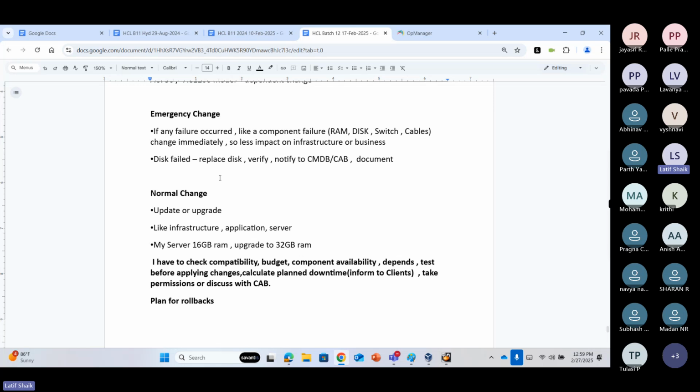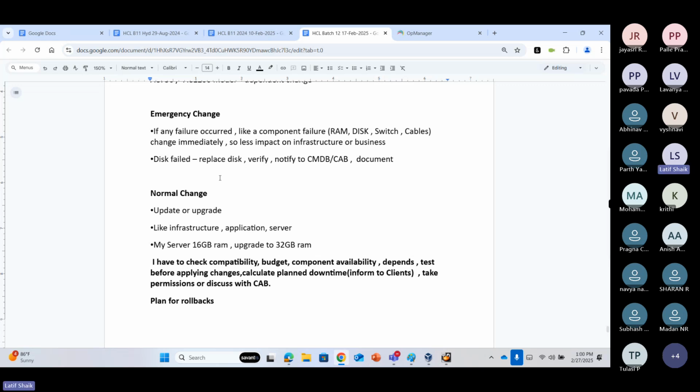Suddenly the server is down. You get a notification alert: server down, service is down. Then you run to the related person. Think like you have become a system engineer, a data center administrator. In the data center, one blade server is down.